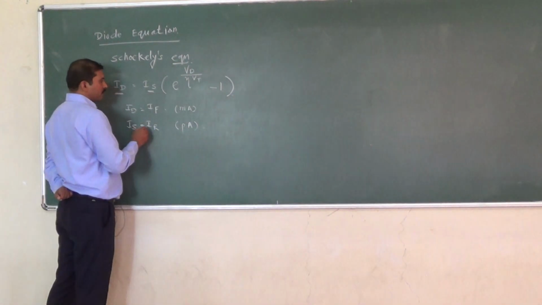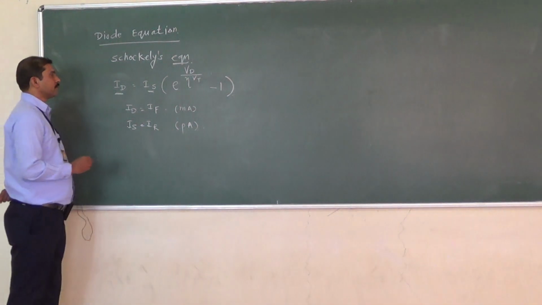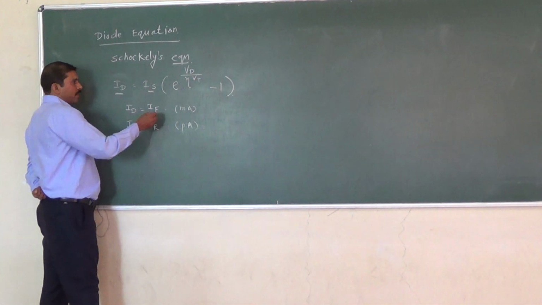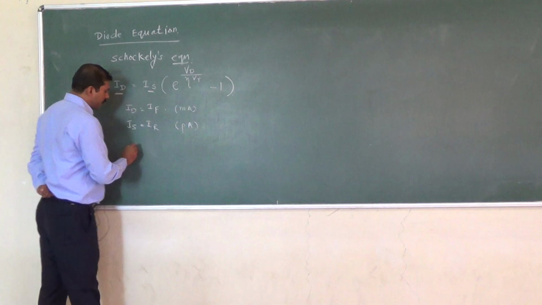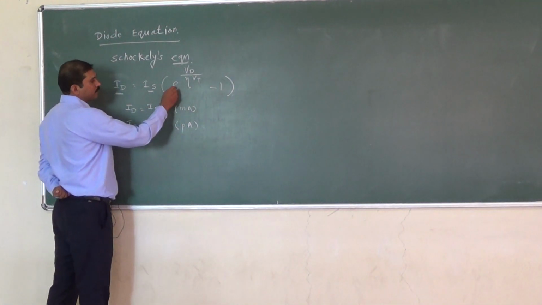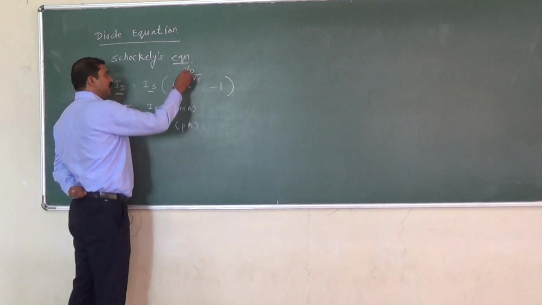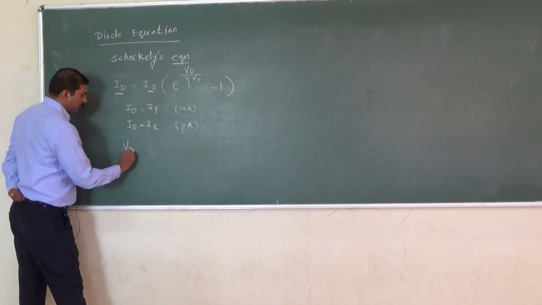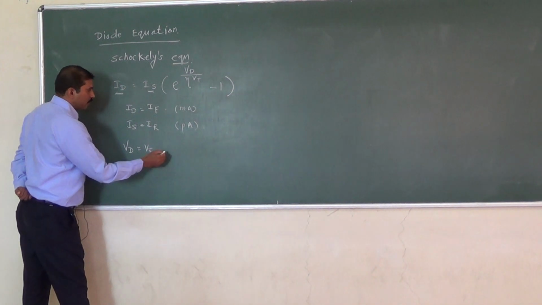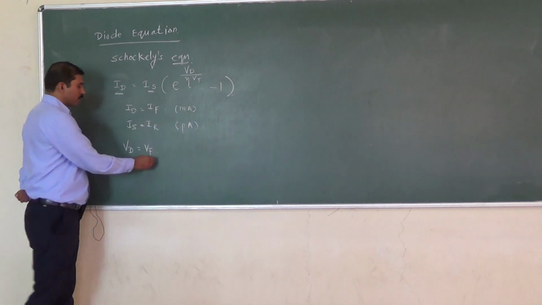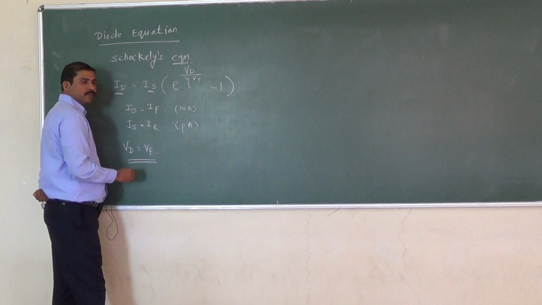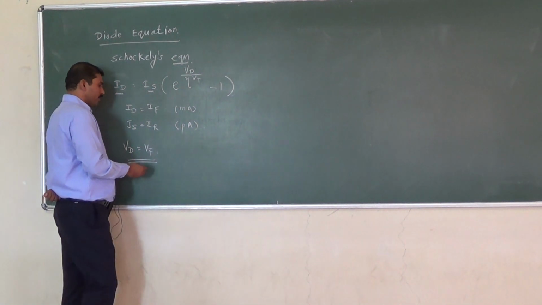Reverse saturation current is a function of temperature. Now this e is the exponential term that we use in mathematics. Vd is nothing but Vf, that is the forward voltage drop across the diode. For silicon it is 0.7, we know.